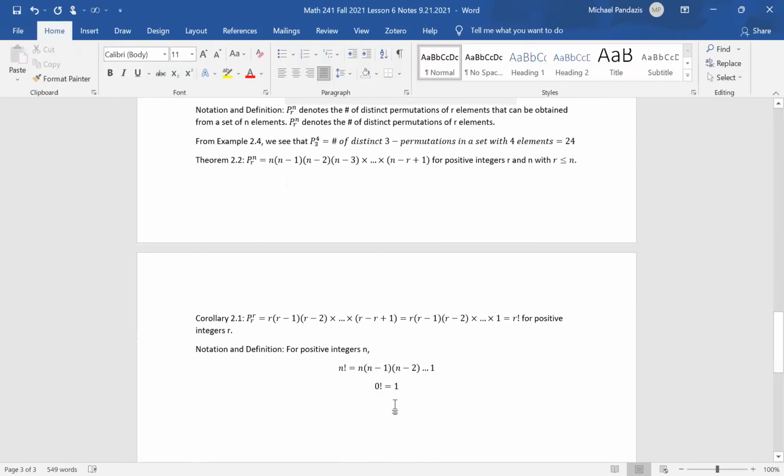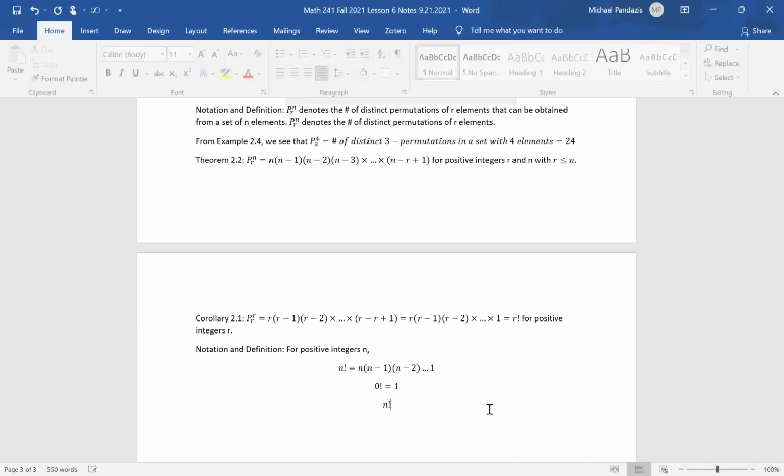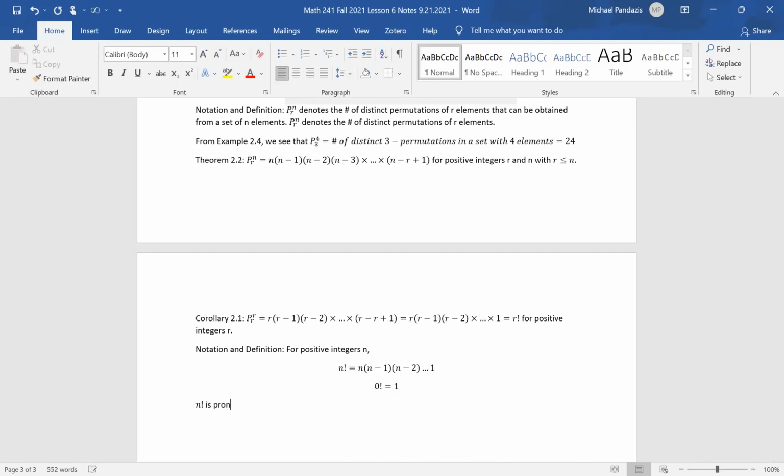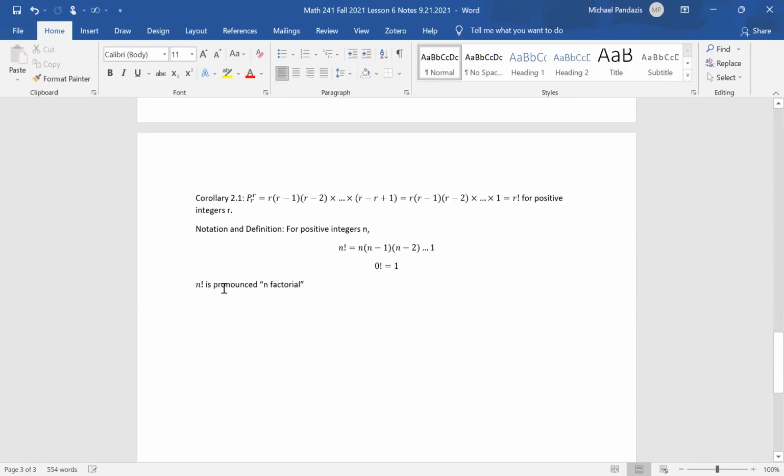Okay, so this is by definition: 0 factorial is equal to 1. N factorial in general is equal to the product of the positive integers from n going down by 1 each time to 1. So, for instance, 3 factorial is 3 times 2 times 1. That symbol is pronounced n factorial.